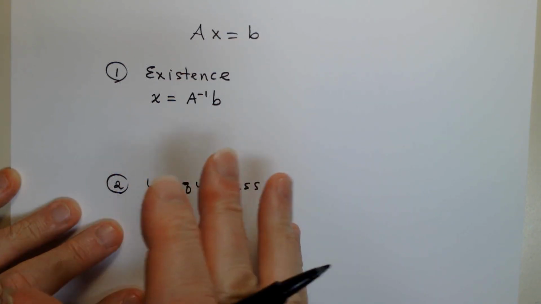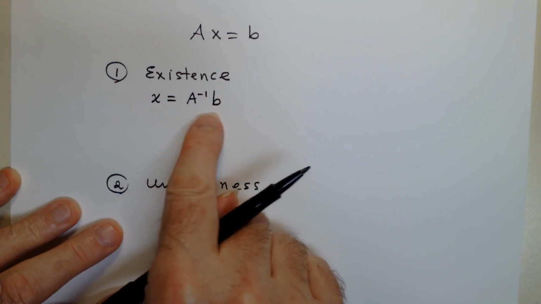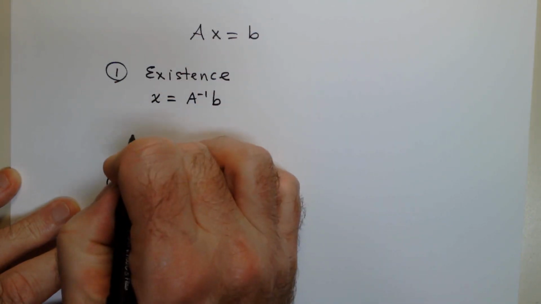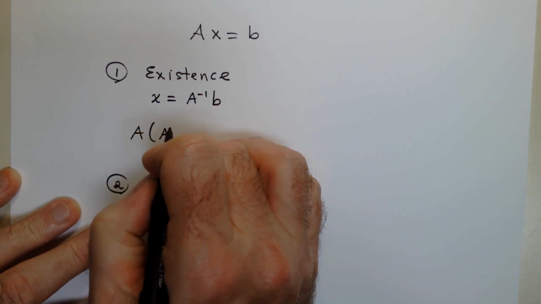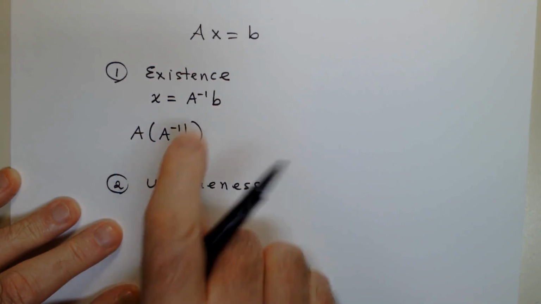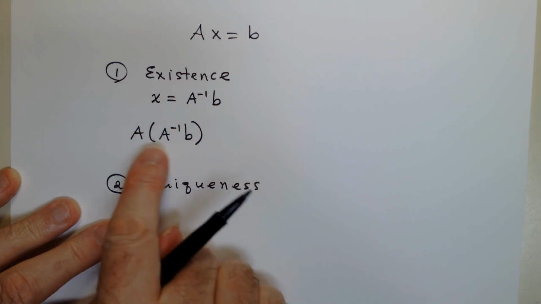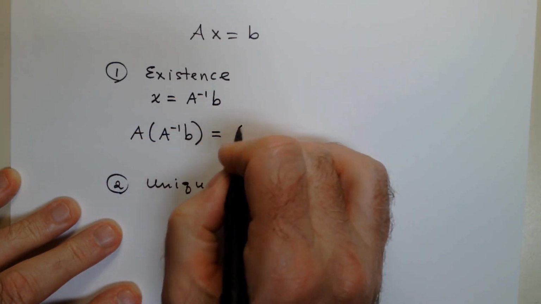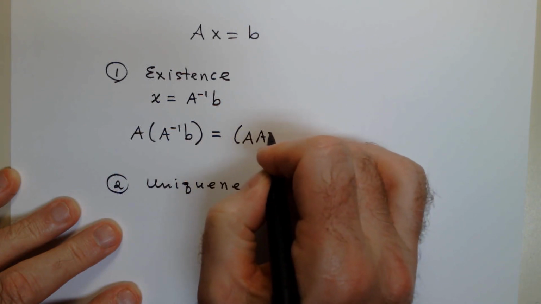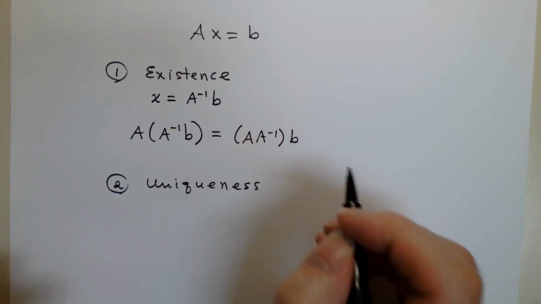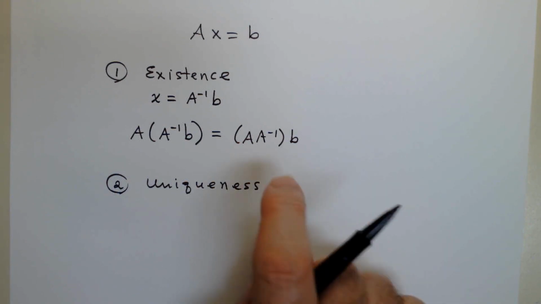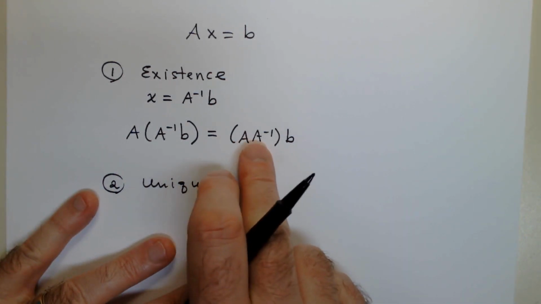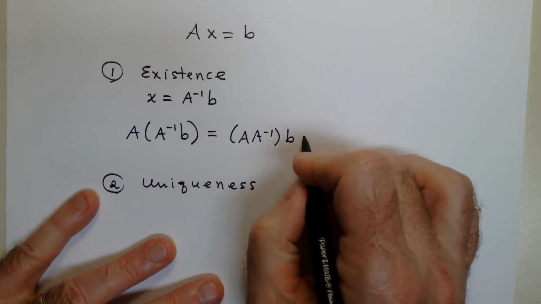All right, now how do we test that? Well, we plug in A inverse B for x and we see if we get B. So let's do that. All right, so I'm plugging in A inverse B for x. So I have A times A inverse B. Now by the associative law of matrix multiplication, I can pick up those parentheses and I can think about multiplying A times A inverse and then multiplying by B. But A times A inverse is the identity matrix.